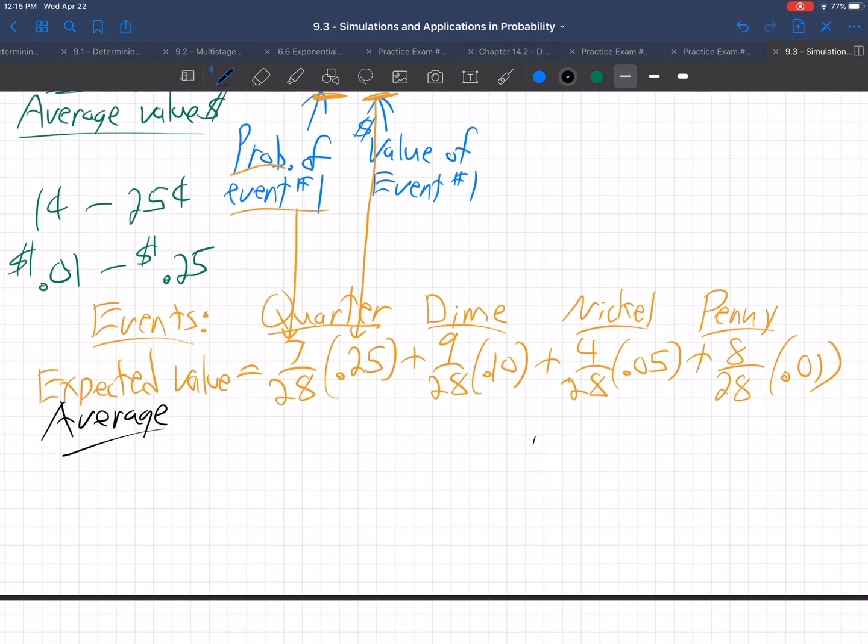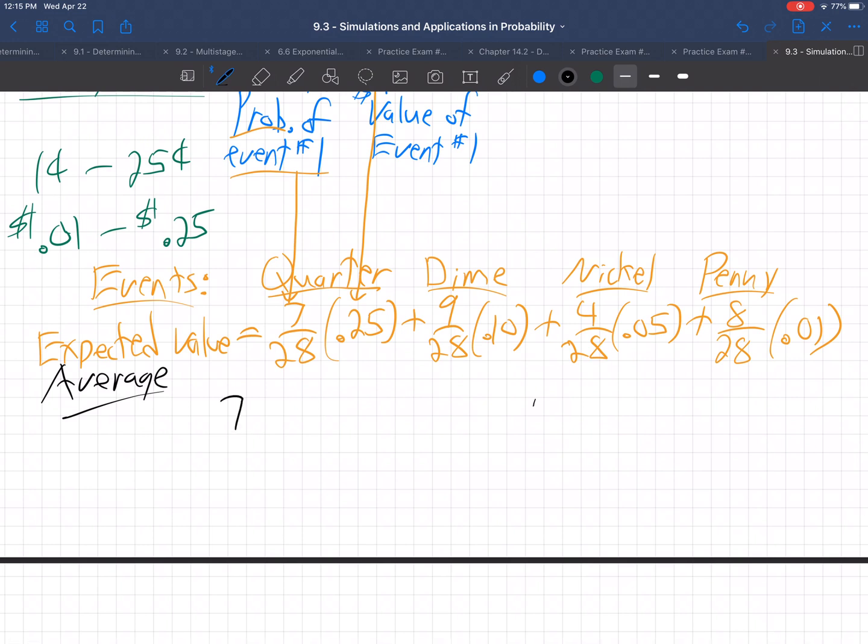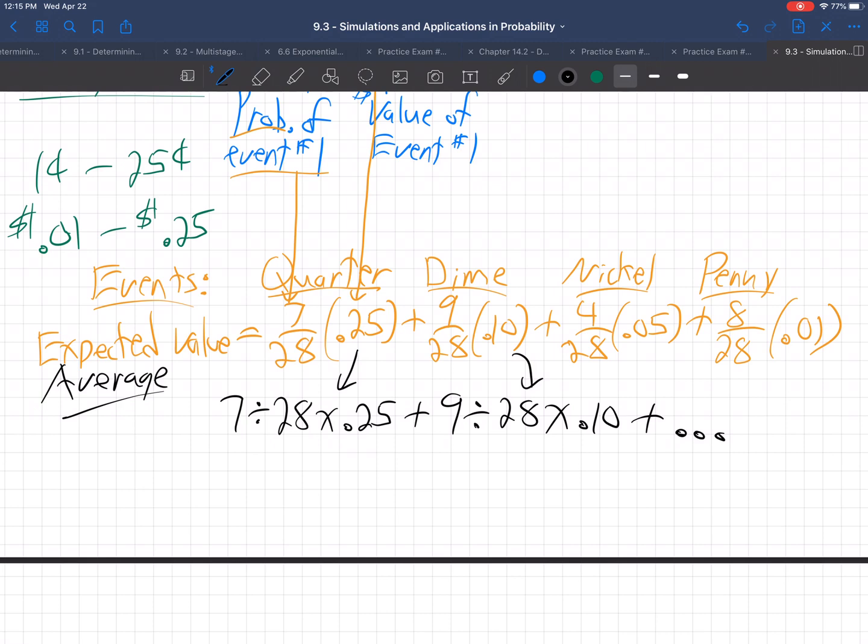So on your calculator, you just simply need to take 7 divided by 28 times 0.25 plus 9 divided by 28 times 0.10 plus etc. Just keep going. Just divide the fractions, multiply the other numbers.